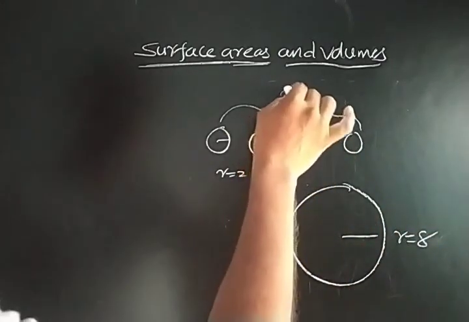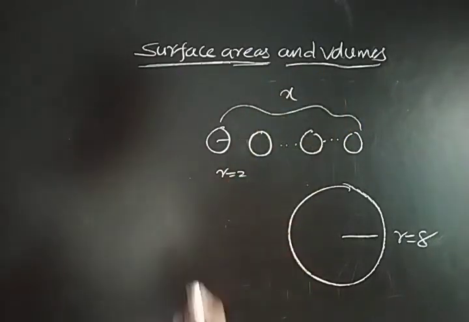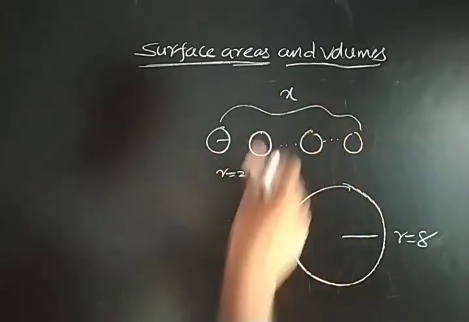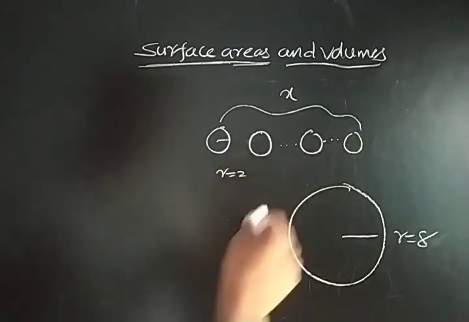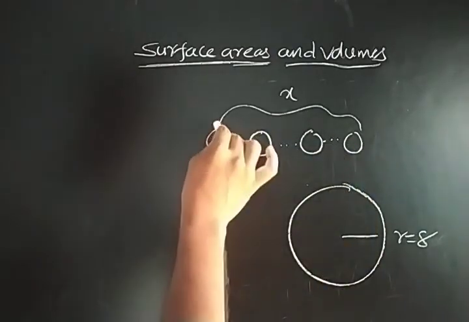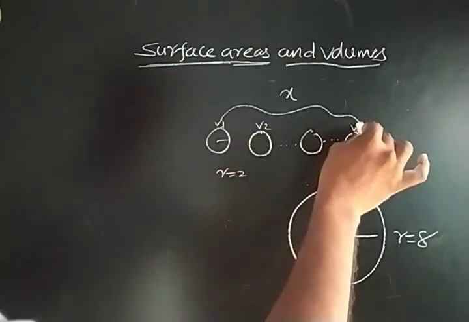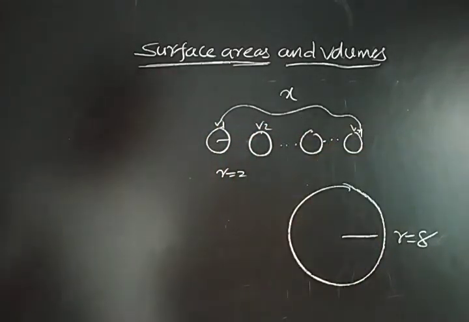At that time you have to take the number of smaller spheres as x. How many spheres are we melting and recasting here? Some number of small spheres, x, are there.